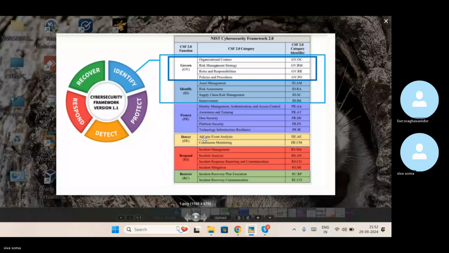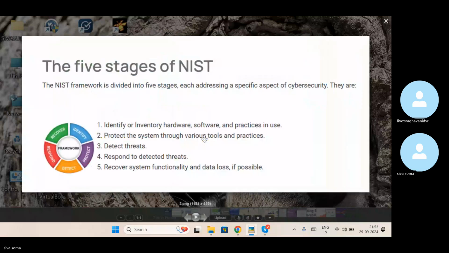The next, I think I am not ready to clarify all the concepts here because it's score level. So they have given some basic content about NIST, but it is not in your score book. Okay, then next we move on to the next topic.